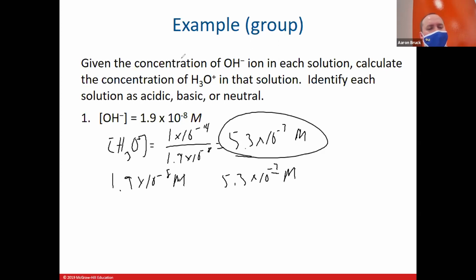I've got a smaller exponent here, so that's the bigger value. So I've got more hydronium than I do hydroxide, which means that this is an acid.